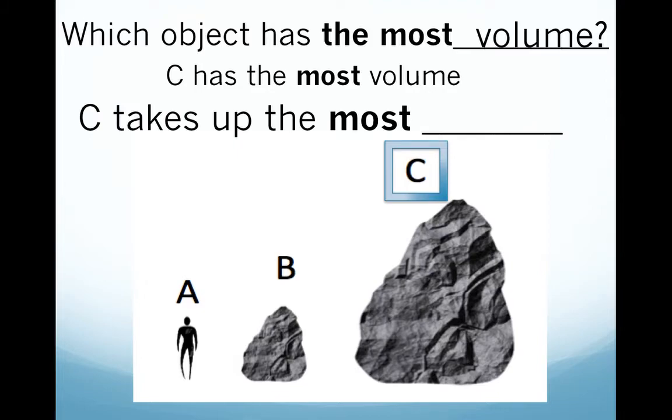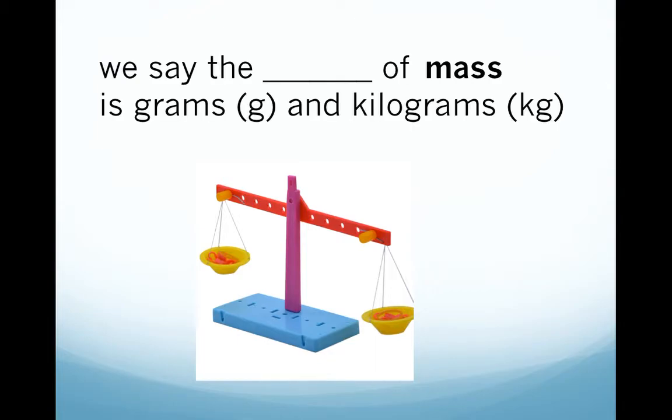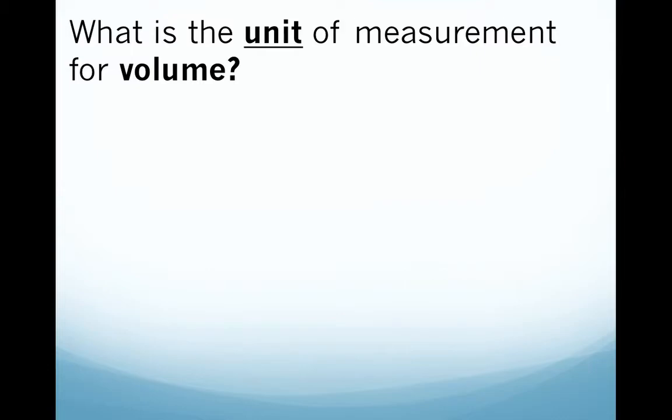C takes up the most space, with an S. We say the unit of mass is grams, g, and kilograms, kg. This word starts with a U. We say the unit of mass is grams and kilograms. But what is the unit of measurement for volume?